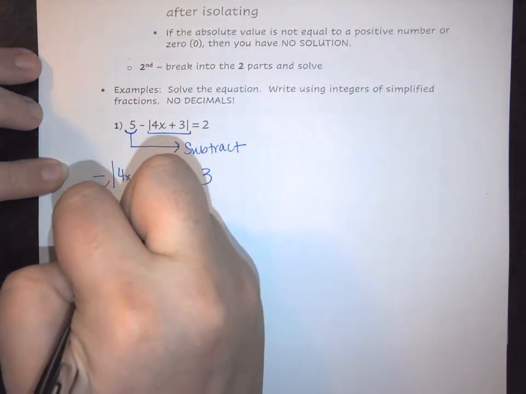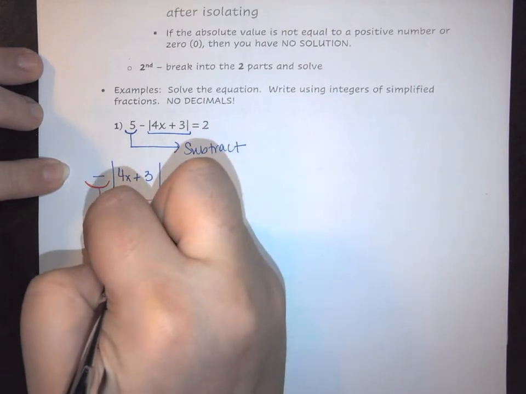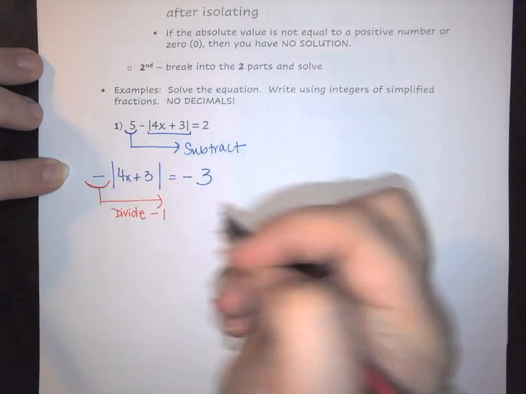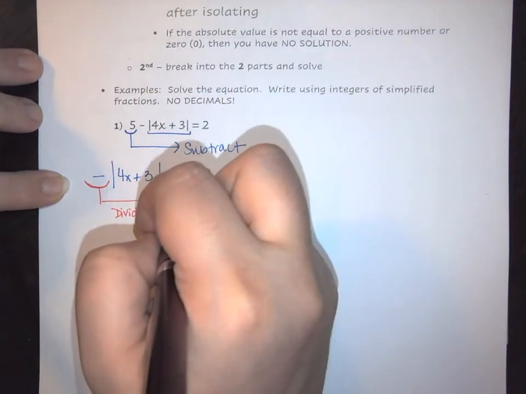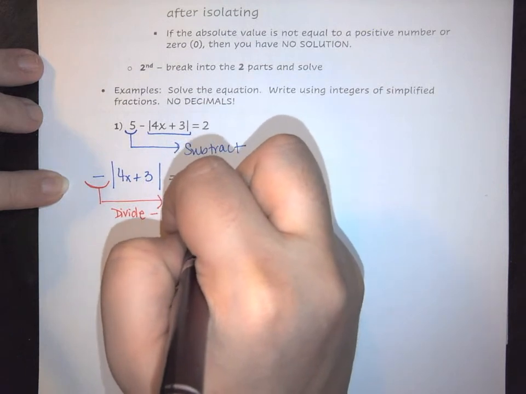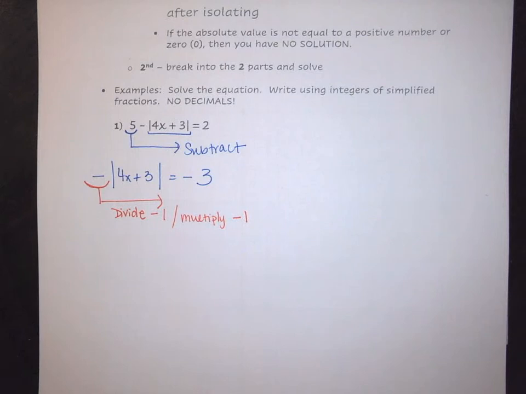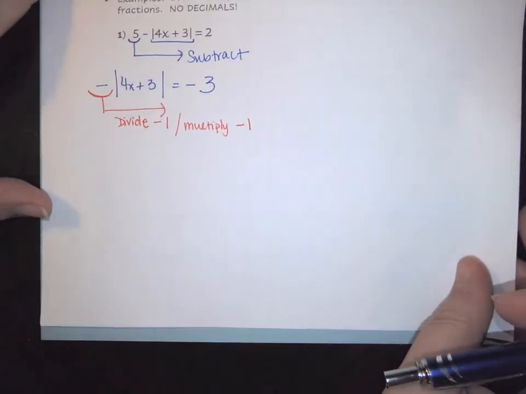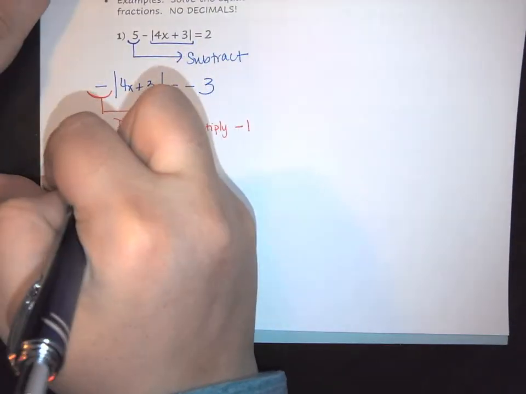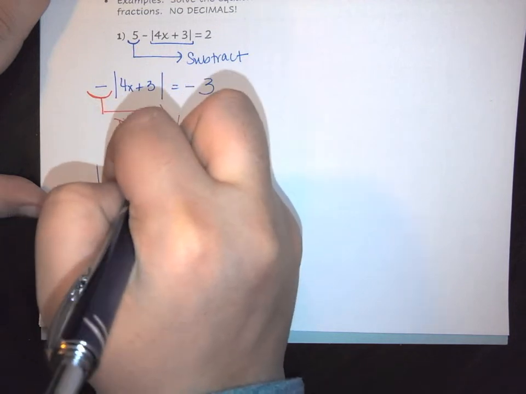You can think of it as dividing by -1, or multiplying the whole thing by -1. Either way gives you the answer you want, which is essentially that you're changing your sign over. So this leaves us with the absolute value of 4x plus 3 equals 3.